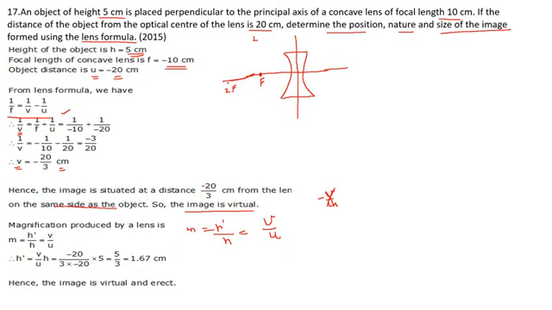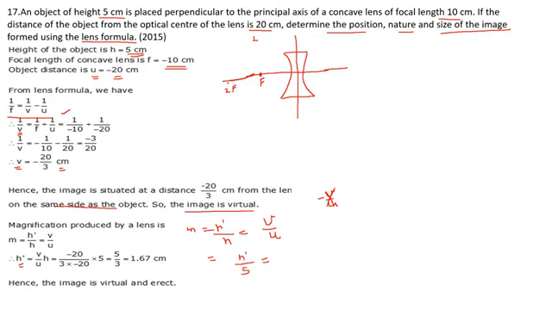To find out the height of an image, what we have to do? Now we'll substitute the values. We have to find out the height of the image, that is h dash. Height of an object was 5.